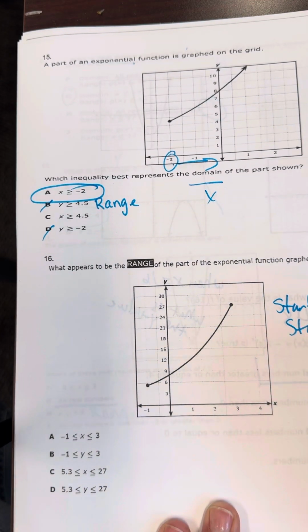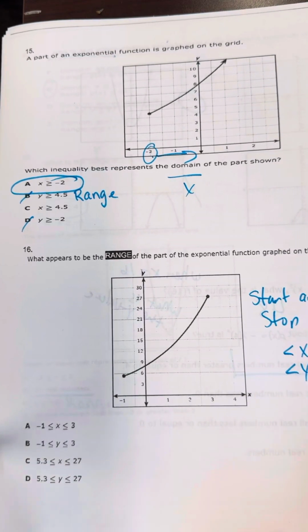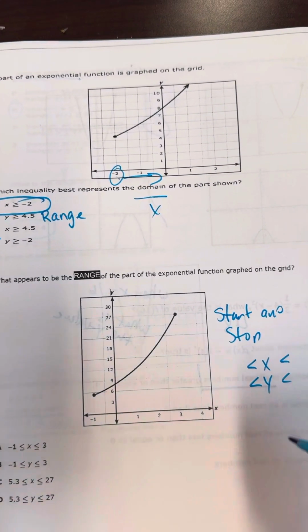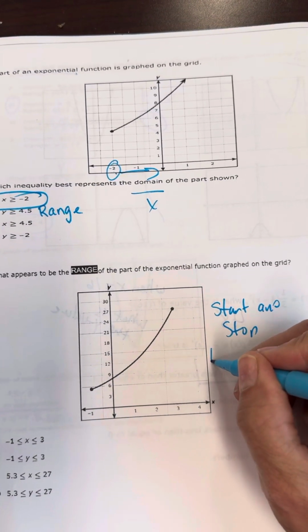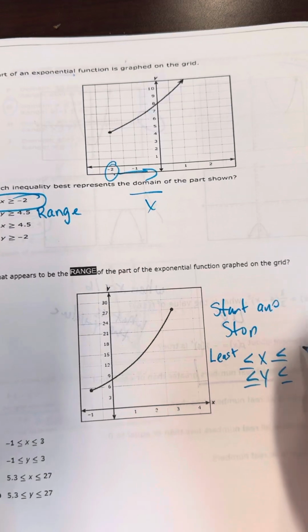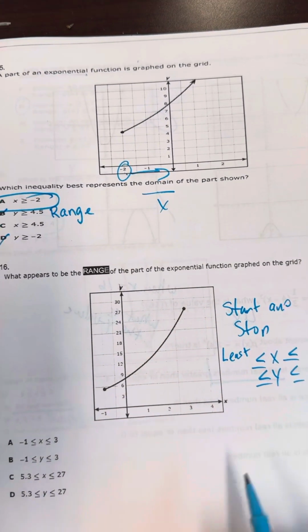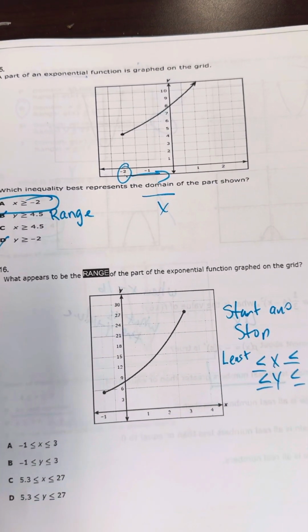For every start and stop, x, y, it's going to be less than symbols, and because both of these are closed circles, it's going to be less than or equal to. And then it goes from least to greatest. So this reads x is greater than or equal to and x is less than or equal to.